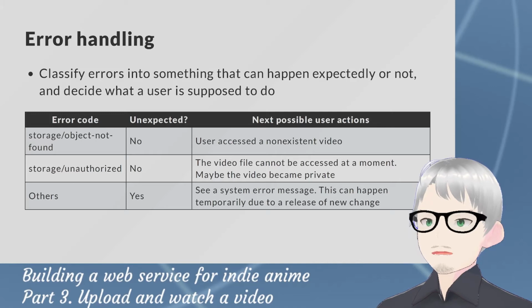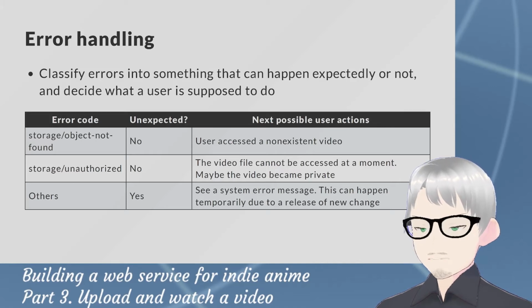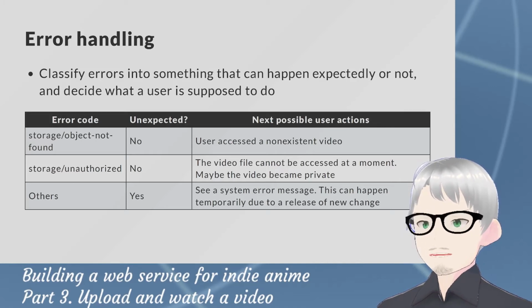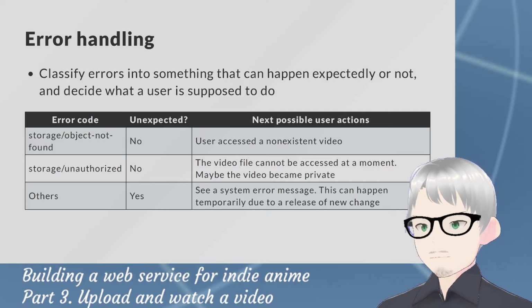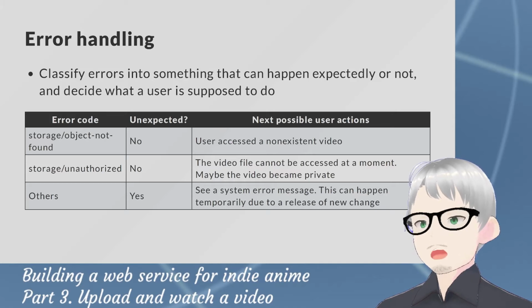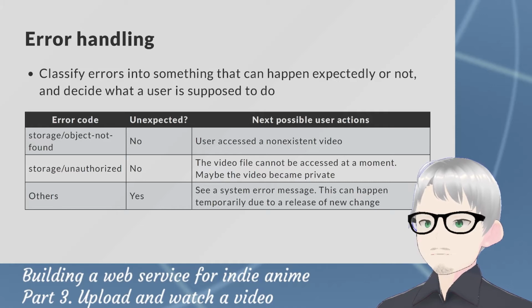Next, let's think about error handling. It's not very different from what I did for uploading a video file, but the types of errors could be different from uploading a file. So for watching a video file, I just needed to think about two errors.